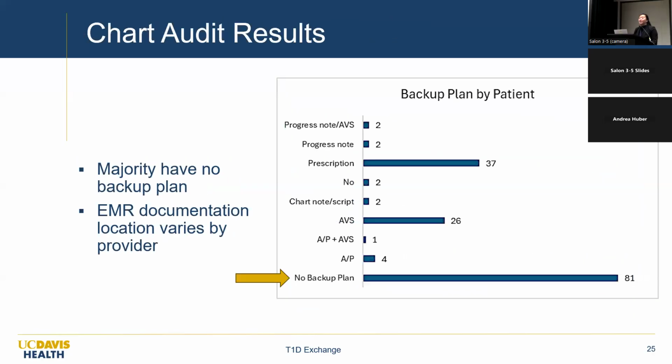As a matter of fact, a majority of the patients did not have a backup plan at all in the EMR. And for the patients who did have a backup plan documented, the location varied very widely across providers.